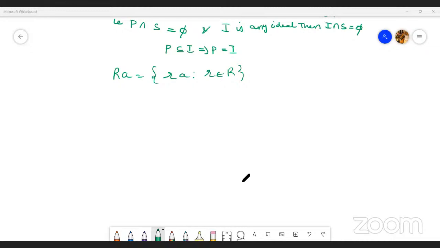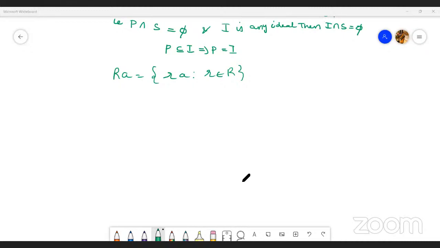Next definitions. See here. This saturated, non-saturated, all this is not that required. Next one is, see, the next theorem on prime ideals is a very important one, 2.5.10.